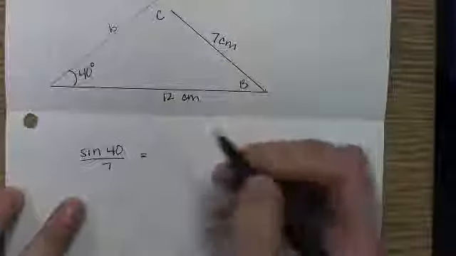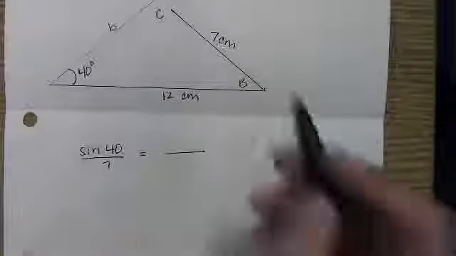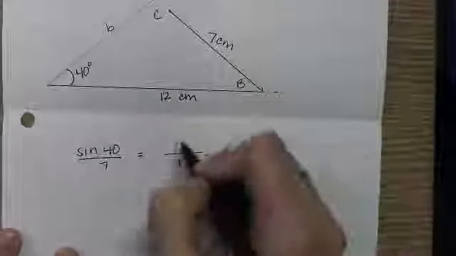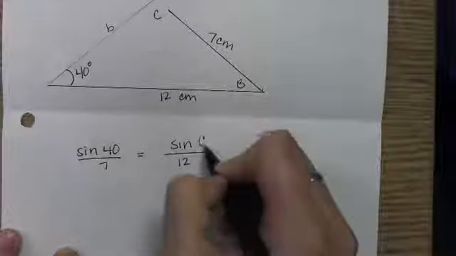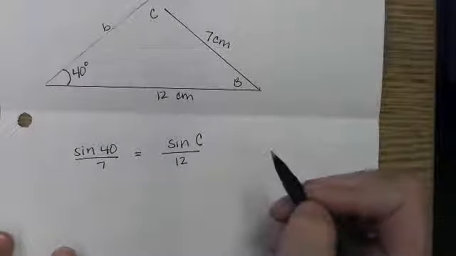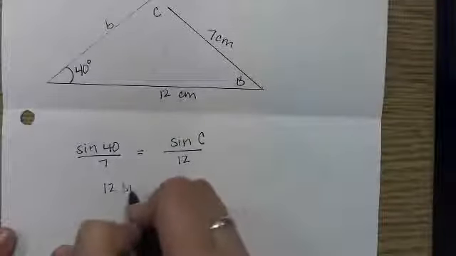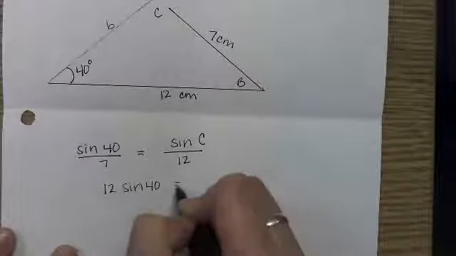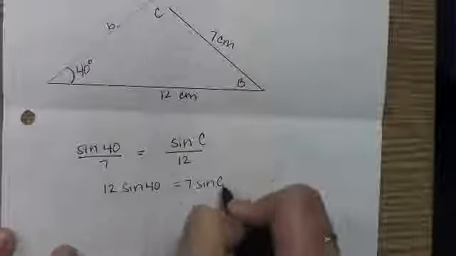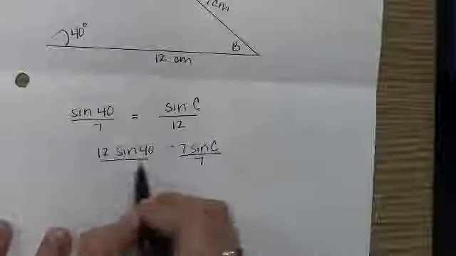Alright, so we have side C, which is 12. And then we're finding sine of angle C. So what should we do? Math. I agree. Cross multiply, right? So 12 sine 40 equals 7 sine C. And we'll divide by 7.